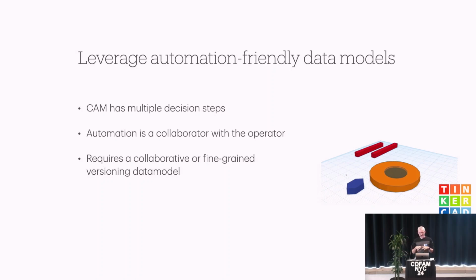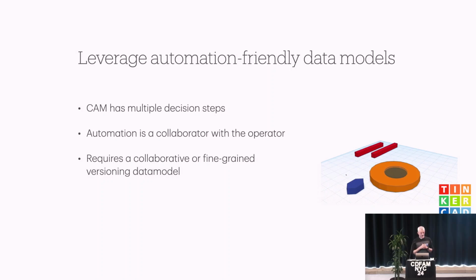Having super fine-grained capturing of changes is key to get automation to work. It's a bit how the Ocado presentation also described: version control is key when one person is on the main branch and somebody's making a feature change. That's what AI is doing. AI is like a collaborator.